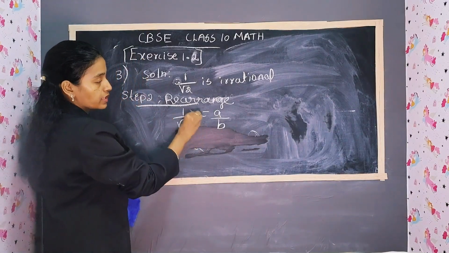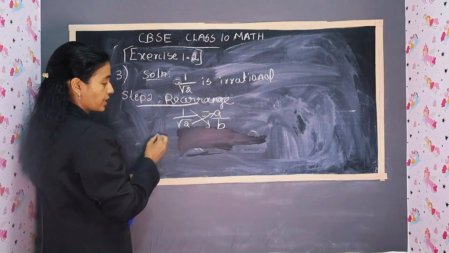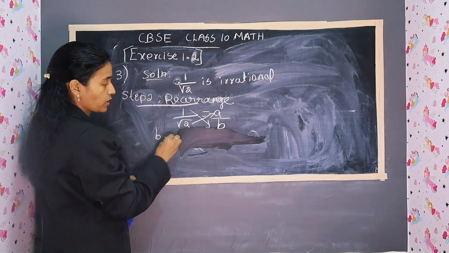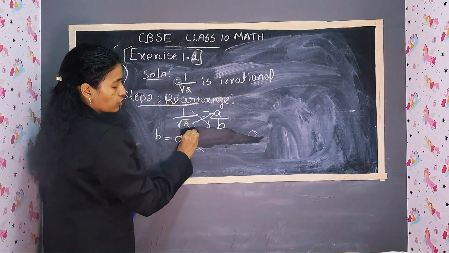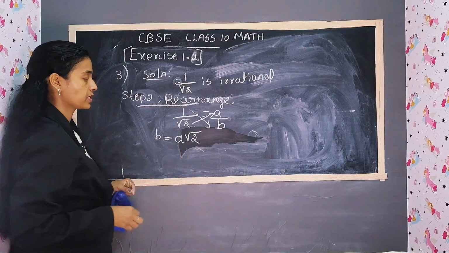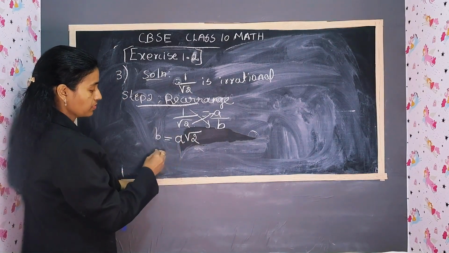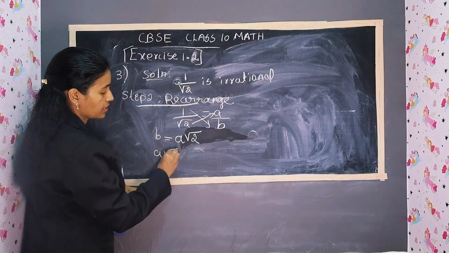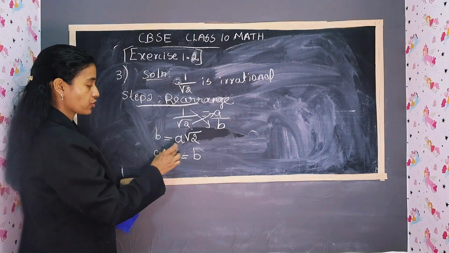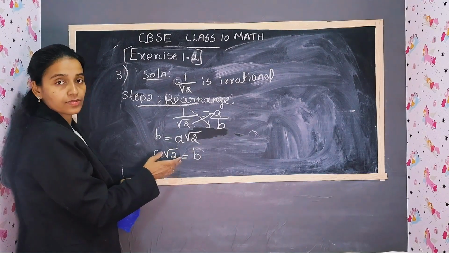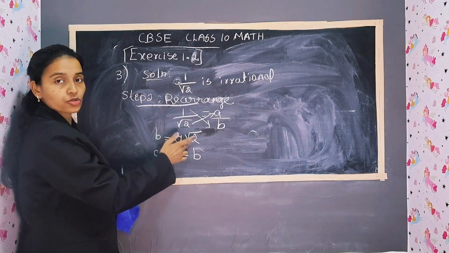We can do the cross multiplication, right? 1 into b equal root 2 into a. So I can write b equal a root 2, and I can interchange the sides: a root 2 equal b. Now I have to take this term to the left side and the other term should go to the other side.